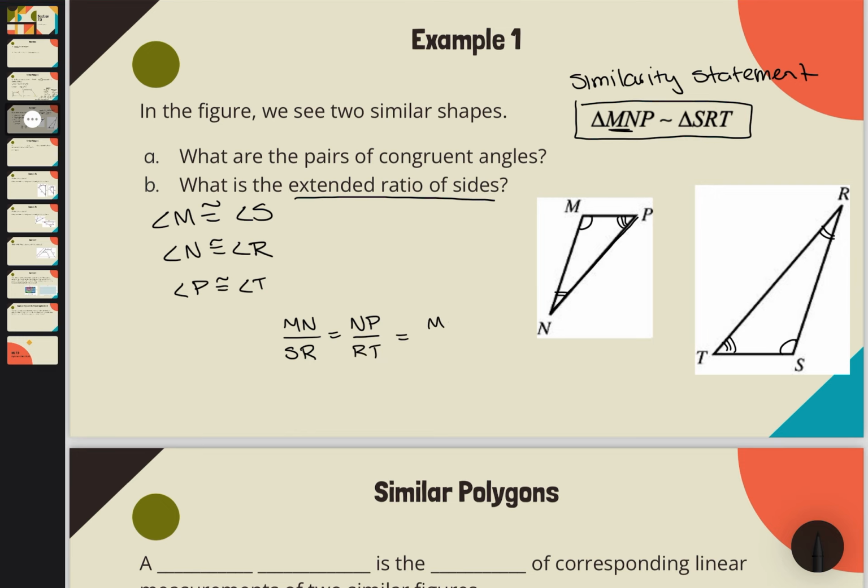And then lastly, MP should be over ST. So this proportion is the same for all corresponding sides. I'm going to actually write that down here. This proportion, again, this is called an extended ratio. This proportion is the same for all pairs of corresponding sides.